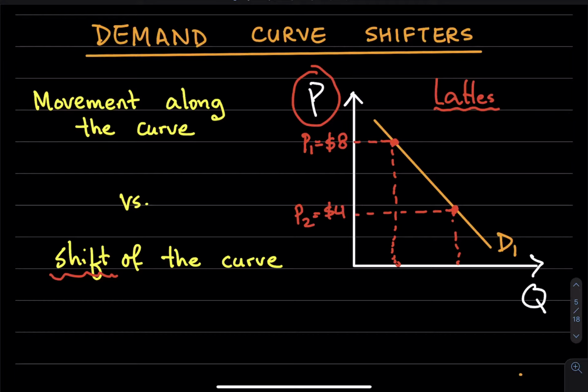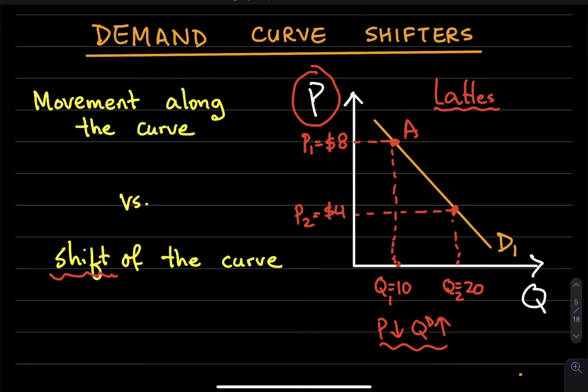And so what's really going on here? If you think about this, at point A, when the price is $8, we're demanding fewer lattes. So let's say quantity demanded was 10 lattes. But when the price is $4, maybe quantity demanded is higher, which is 20 lattes. So as price fell, quantity demanded went up. And this is the law of demand, everything else remaining the same.